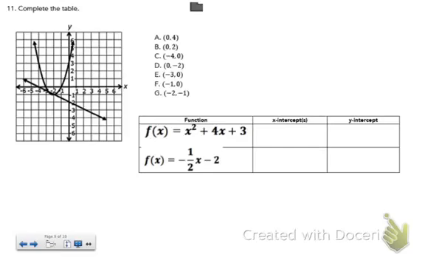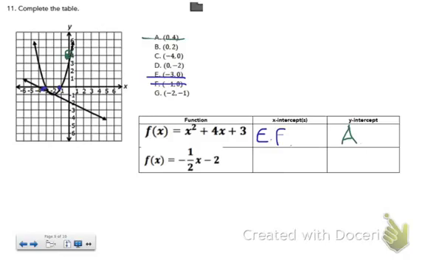So for the parabola, it has x-intercepts at negative 3 and negative 1. So that would be E and F. It has a y-intercept up here at 4. So that's going to be A, (0, 4). Kind of looks like 3 in the picture, but since that's not an option, we're just going to go with A because that's the closest to it.